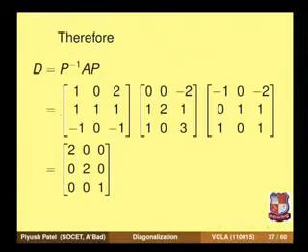That is, in the case of repeated eigenvalues, we have to check the algebraic and geometric multiplicity. If all the eigenvalues have the same algebraic and geometric multiplicity, then you can directly write the diagonal matrix. In the case when you require only the diagonal matrix, with no requirement of the model matrix, you can directly write down the diagonal matrix.